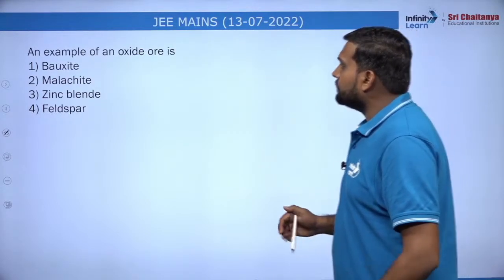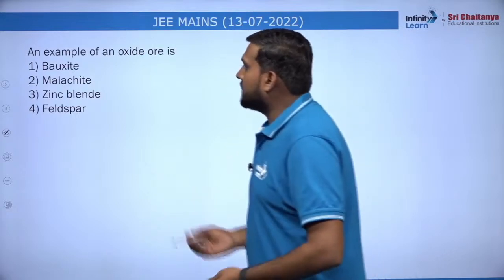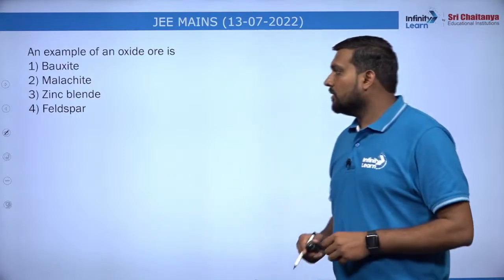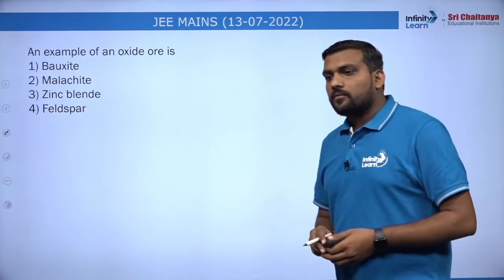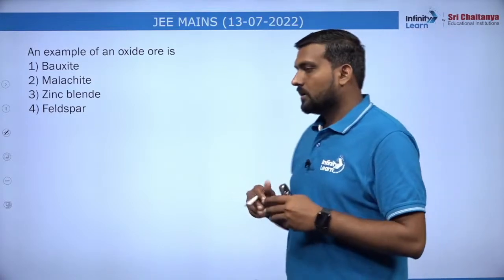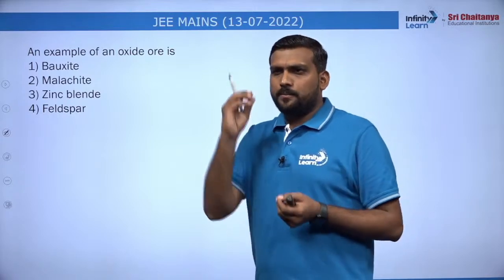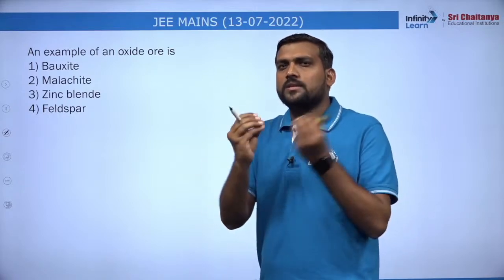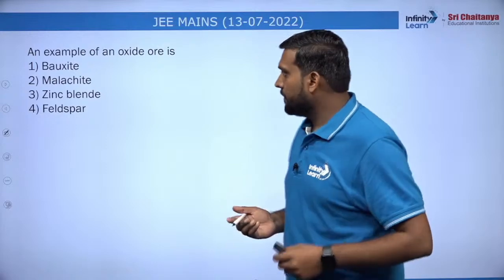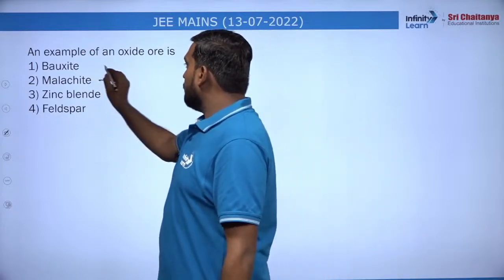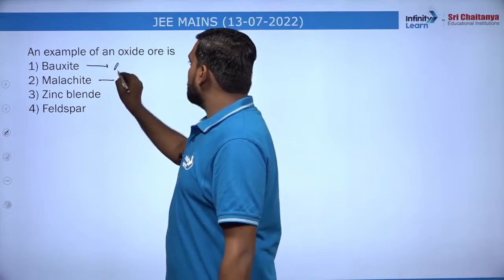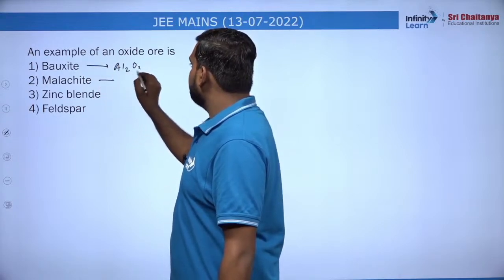Now, an example of an oxide ore. This is one of those questions which generally gives a hallucination type of confusion. Why? If you go for oxide ore, the formula of bauxite is Al2O3.